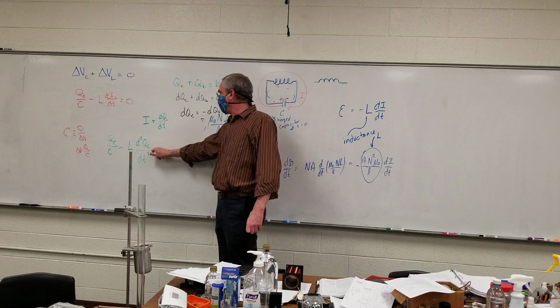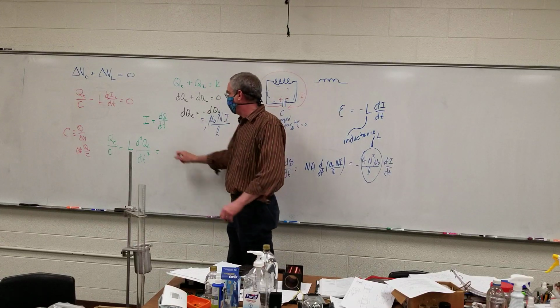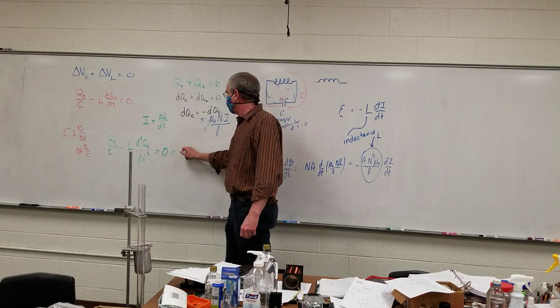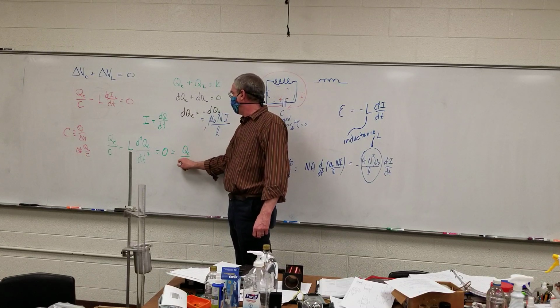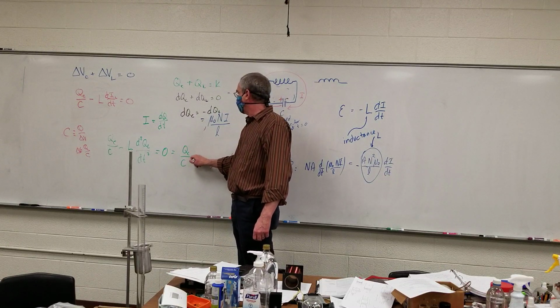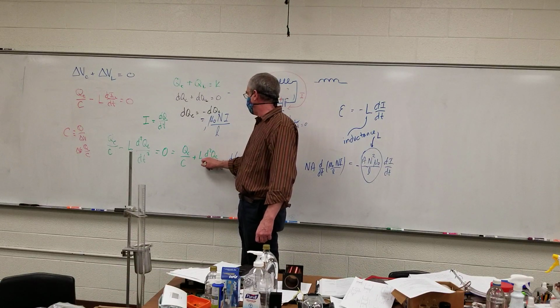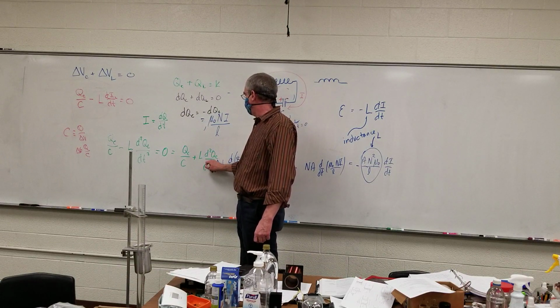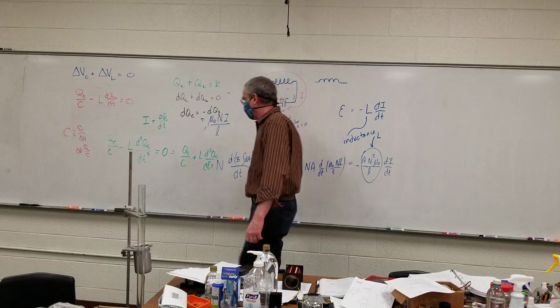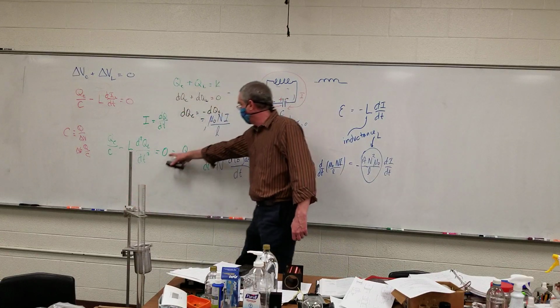So this equation now becomes QC over C plus L d squared QC over dt squared equals 0. That's right there.